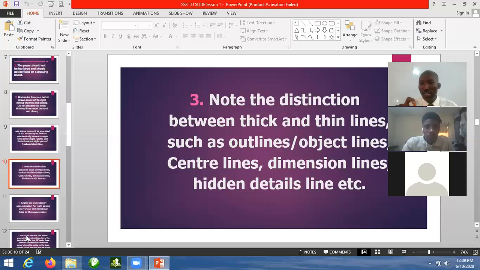Now, when you are drawing a line using freehand sketch, you must try as much as possible to note the distinction. If it's a thick line you are drawing, know that it is a thick line. If it is a thin line, know that it is a thin line you are drawing. Is that clear? Yes, sir. All right. That is just what that means.